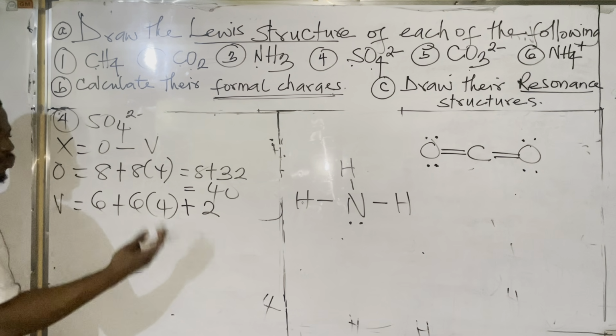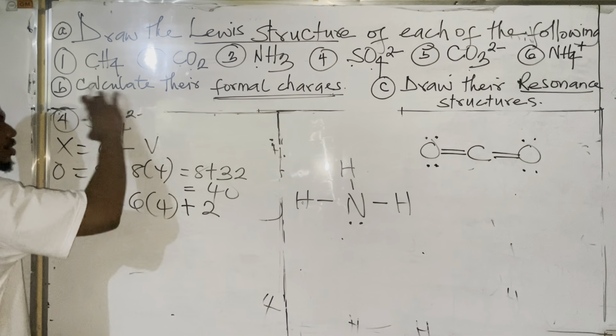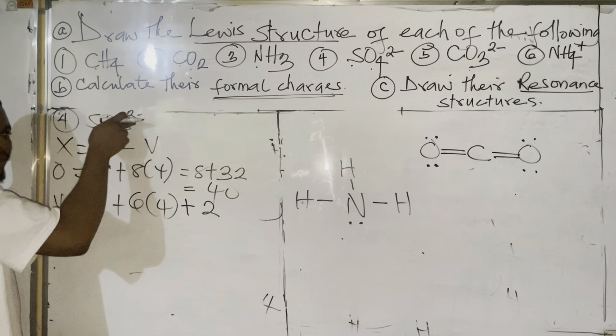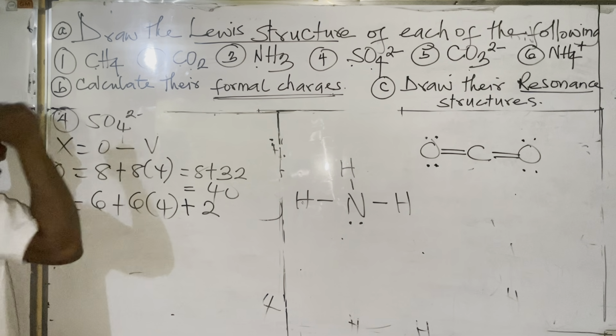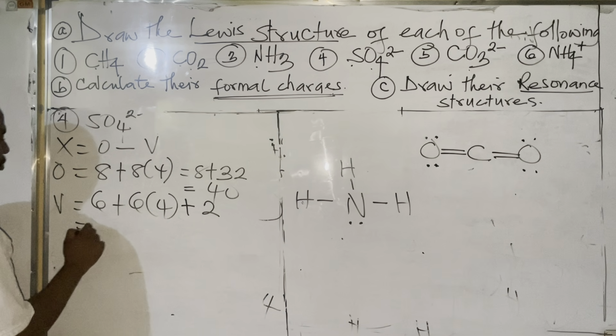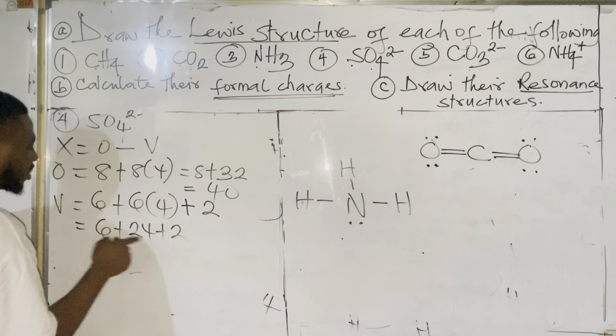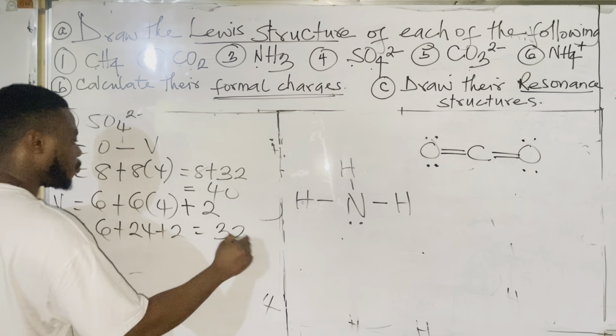If it was plus, you say minus, because it has lost electrons. So if it has lost, you write minus, but for gained, plus. Don't forget that. So this will be 6 plus 6 times 4 is 24, plus 2. So 6 plus 24 is 30, plus 2 is 32.